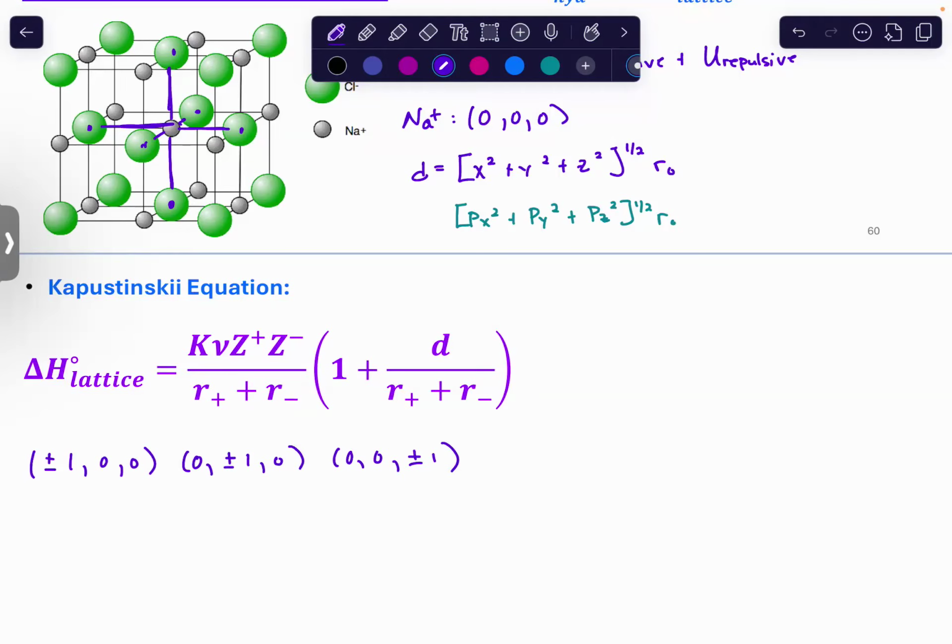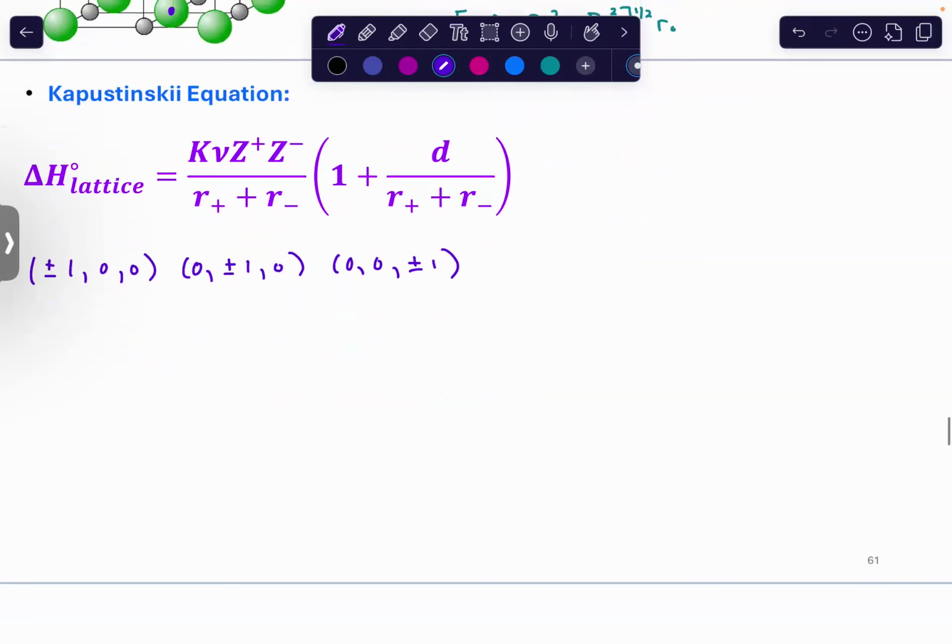So pretty straightforward. For all of them, we only have to do this once. Your D, your distance from that central sodium, we'll just do the one that's in the x direction. So it'll be 1 squared or negative 1 squared. And so it's a distance of R0 from that sodium right in the middle.